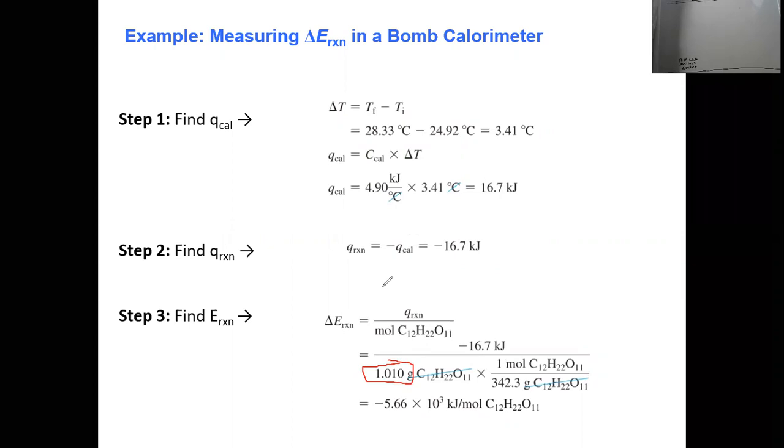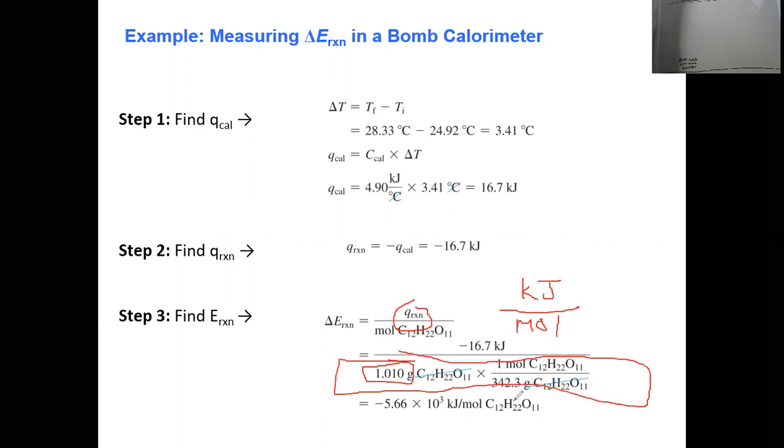So my E of the reaction is going to be my negative 16.7 kilojoules divided by the moles. So it's kilojoules over moles. So I'm going to take my 16.7 kilojoules and divide it by the moles of sucrose that I'm going to find by doing this calculation right here.